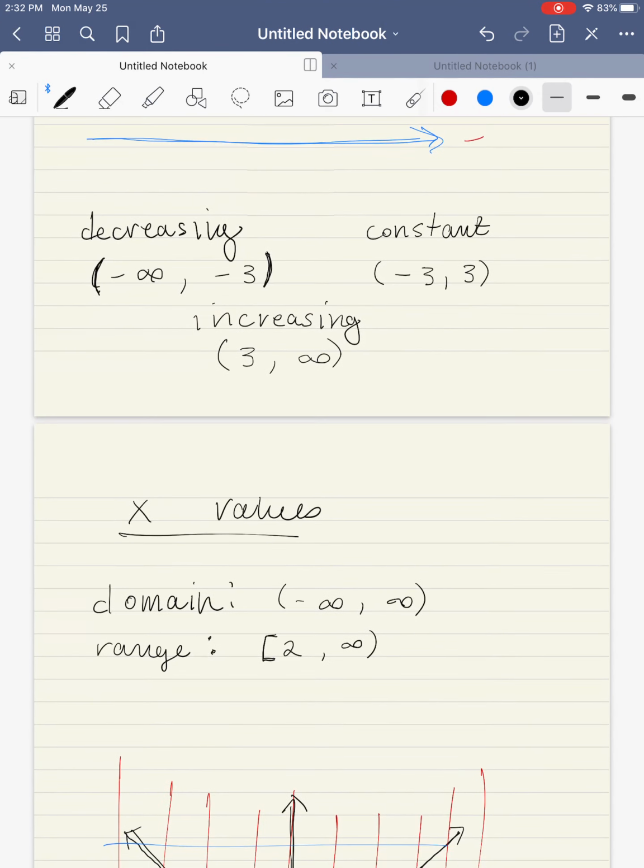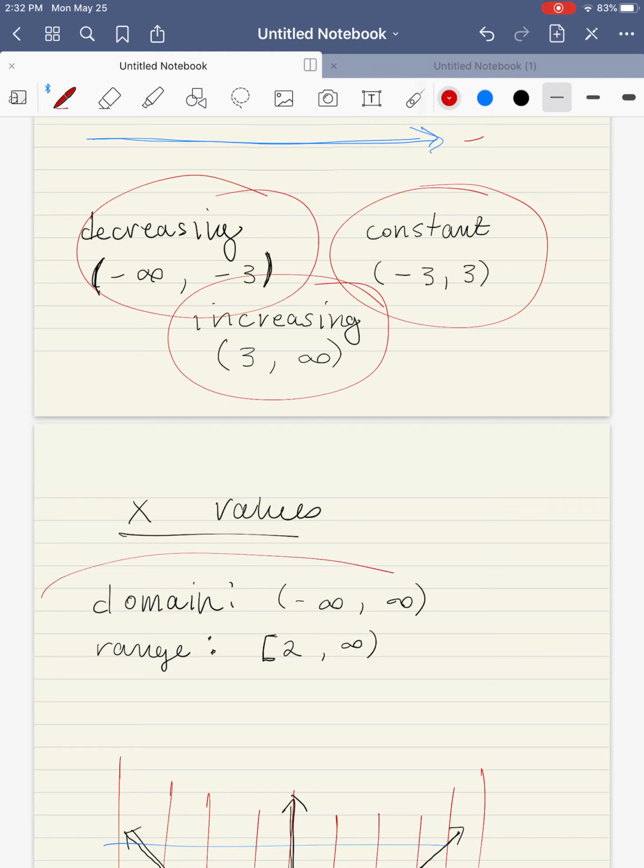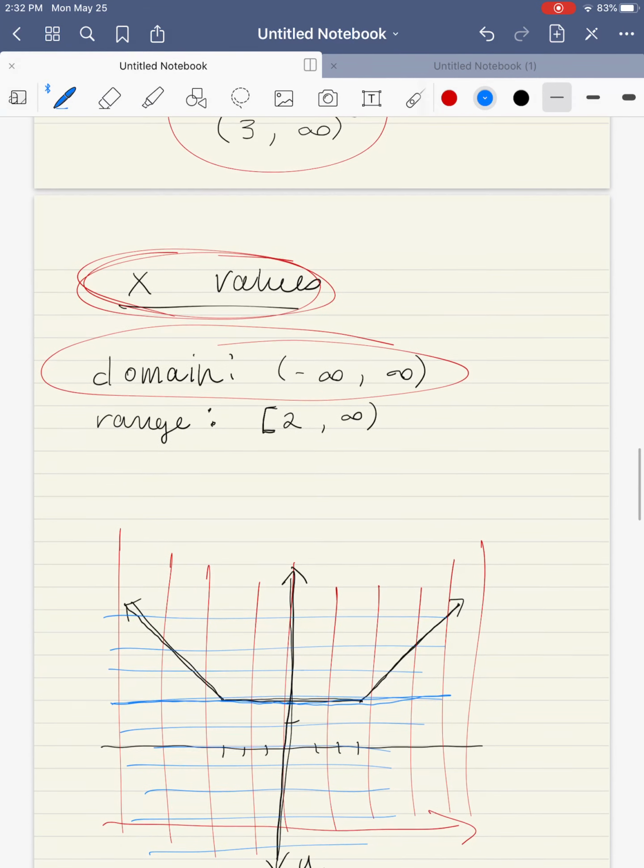So for decreasing, constant, increasing, and domain, all of those are x values only. The only one that I'm going to use the y values for is the range.